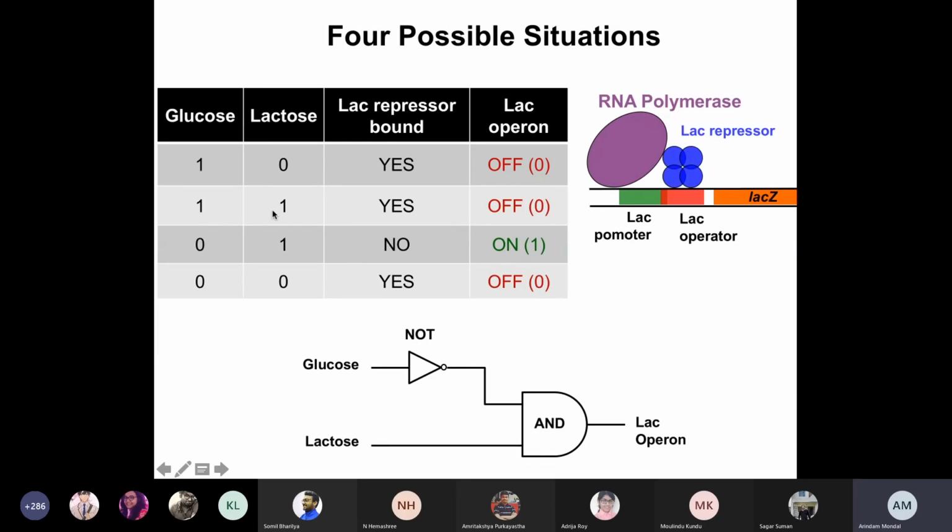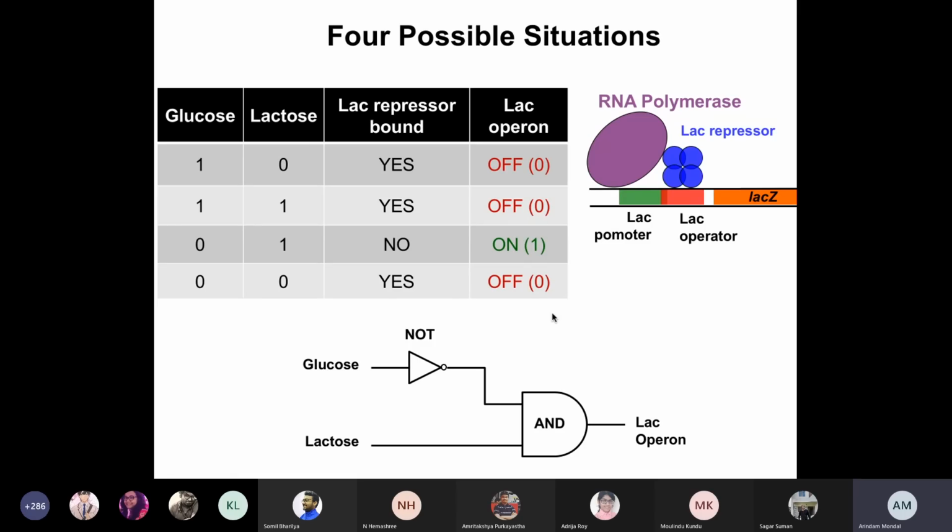If there is glucose and lactose, still glucose is easier to use, so also the lac operon remains switched off. If there is no glucose but lactose, only in that situation you need to switch on the lac operon. When there is no glucose and no lactose, then also the lac operon will remain switched off.